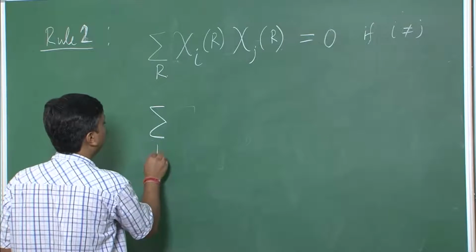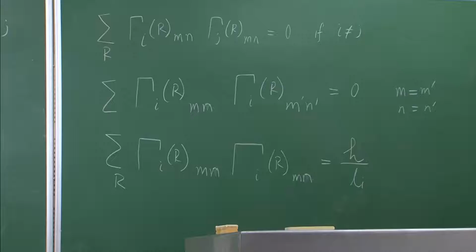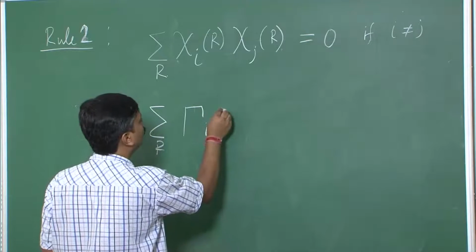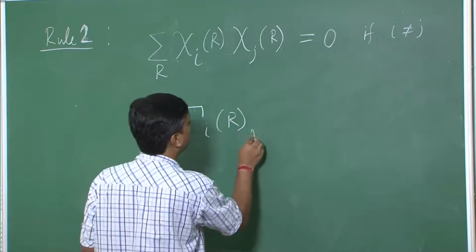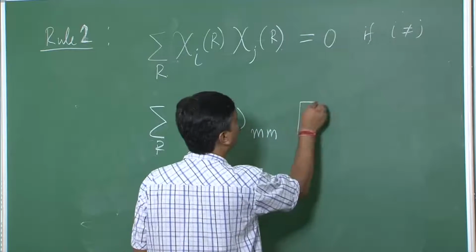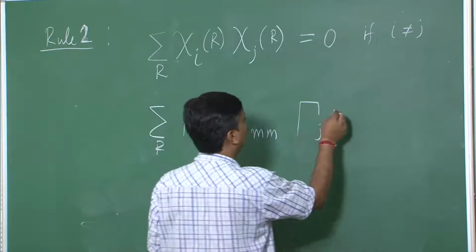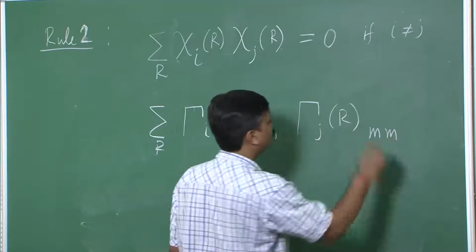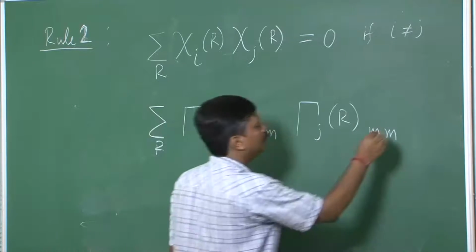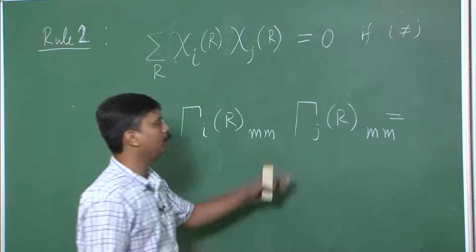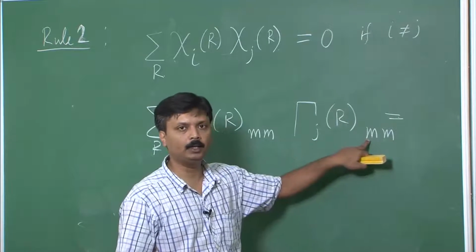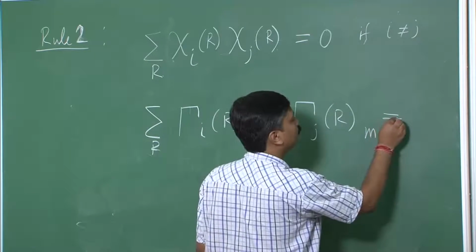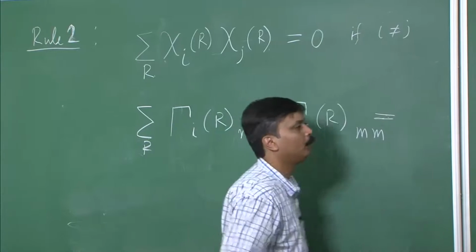If I look at the first equation, what we can write is this, where I am using only m equals to n, and the rest of the things are the same. What should it give me?